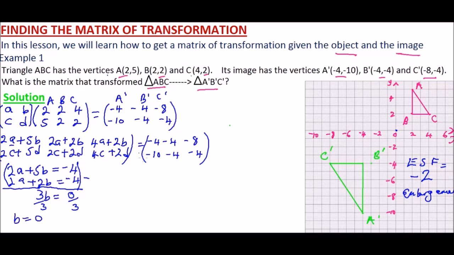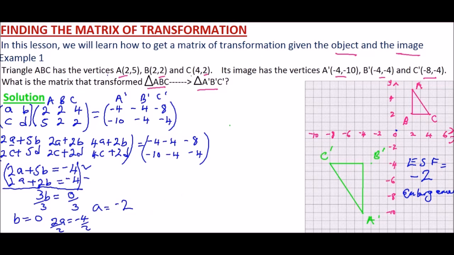If b is equal to 0, then you can substitute in one equation and say, since b is 0, then 2a is equal to -4. Divide both sides by 2, implying our a is equal to -2. Fine. So we have managed to get the values of a and b.